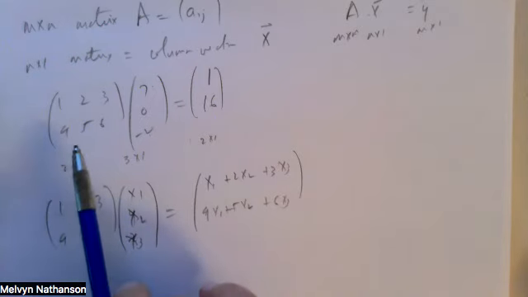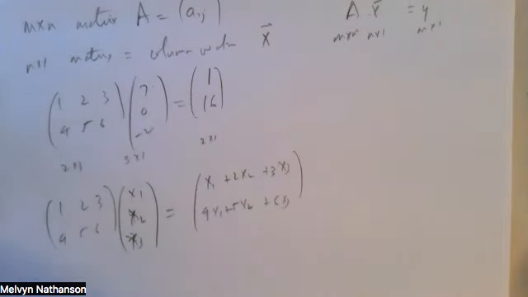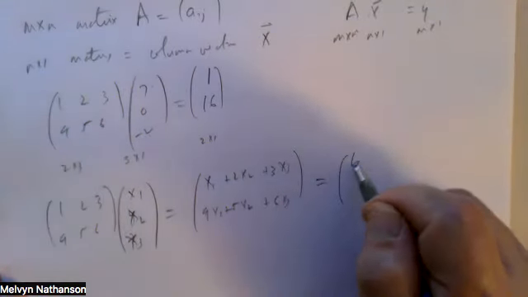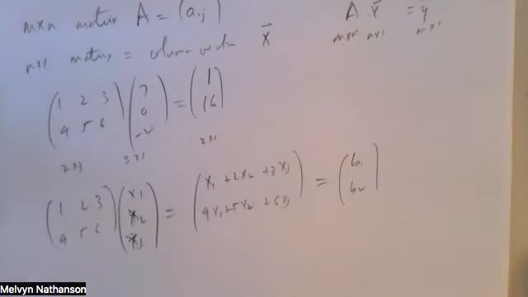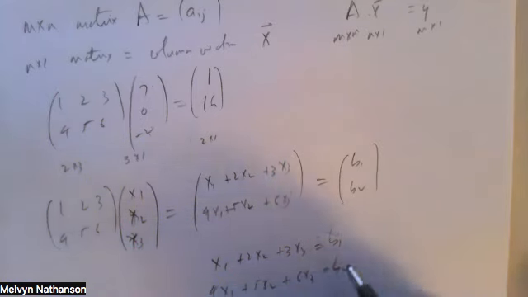So if you multiply a matrix times a vector, you get another vector. Let's call this vector b1, b2. So this is the same as saying x1 plus 2x2 plus 3x3 equals b1, and 4x1 plus 5x2 plus 6x3 equals b2.